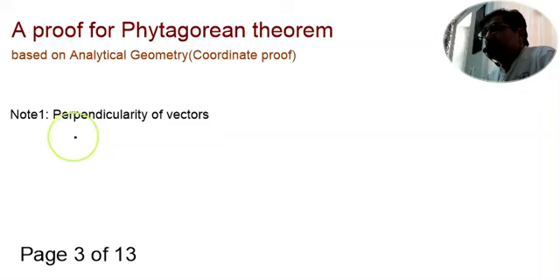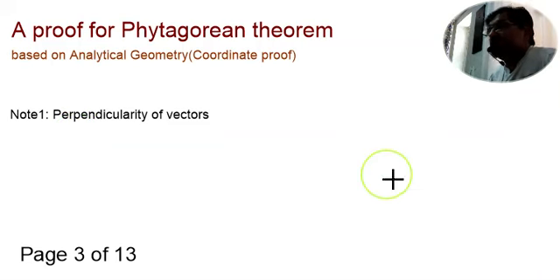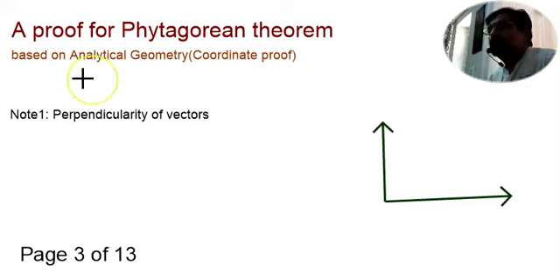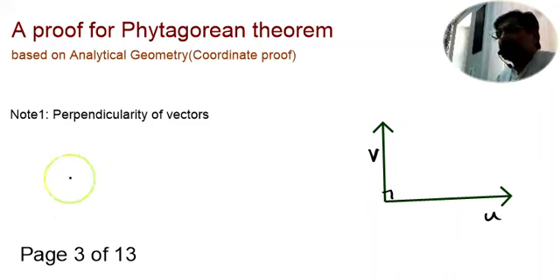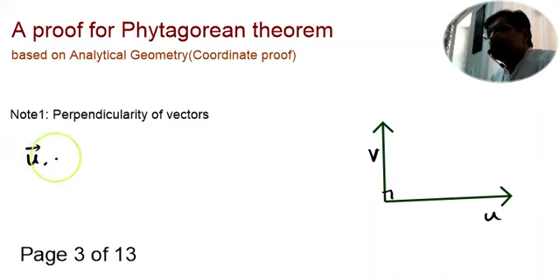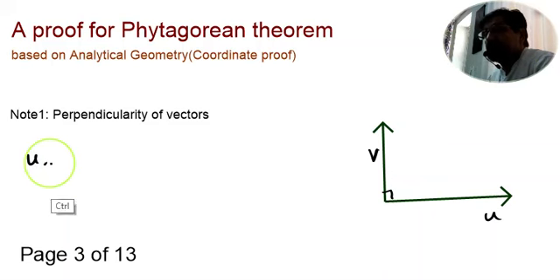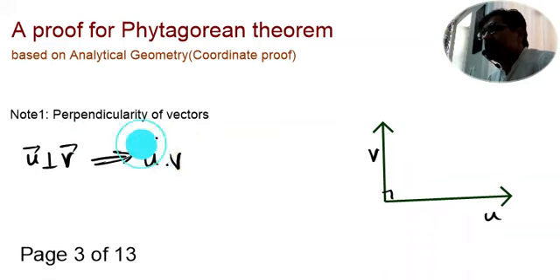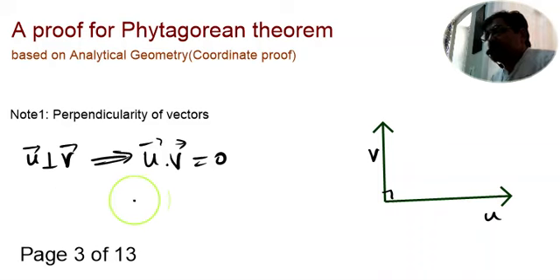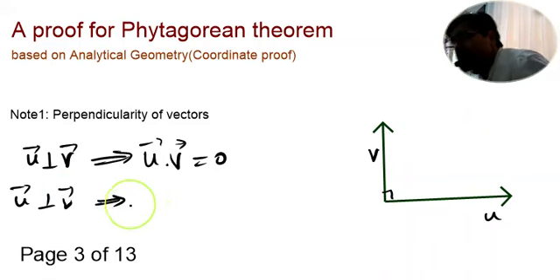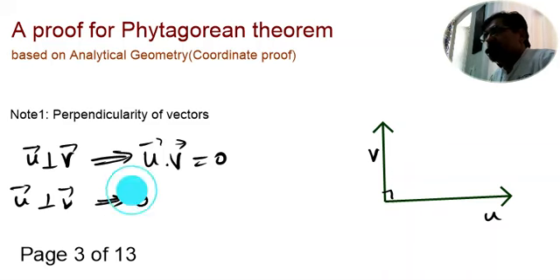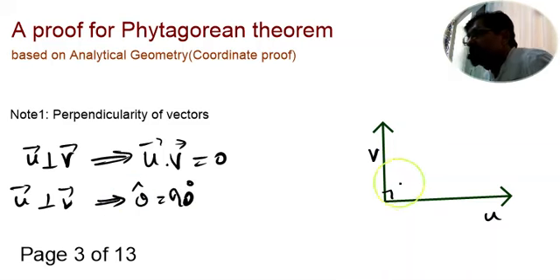Note 1. Perpendicularity of vectors. If U is perpendicular to V, then U dot V equals 0, because U perpendicular to V is concluded as theta is 90 degrees.